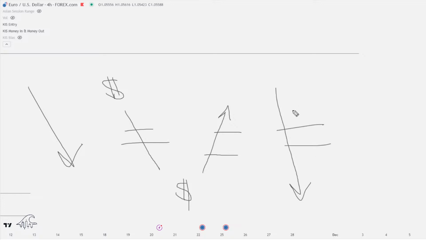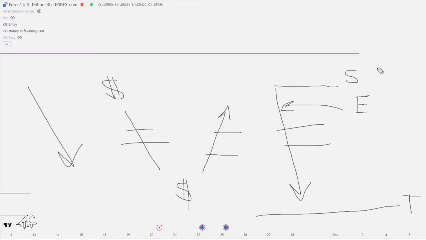When we get this, we refer back to the point that space was created, and this is where we look for our entry. We use the high as our stop area, and then we use the higher time frame low as our target. So it's really easy at that point to understand the principle of what's going on.